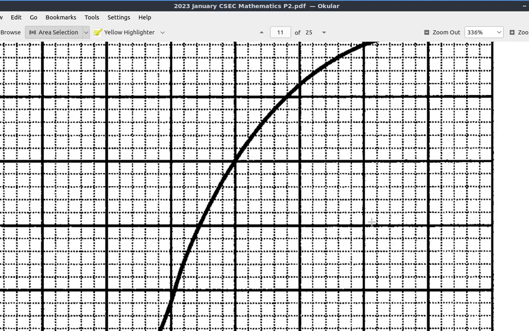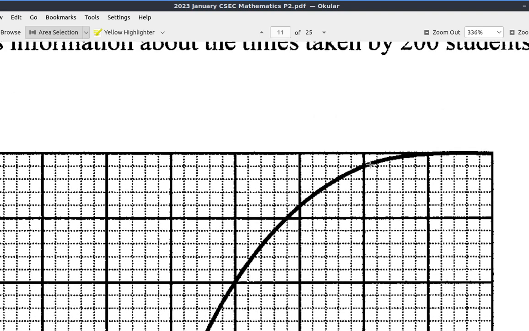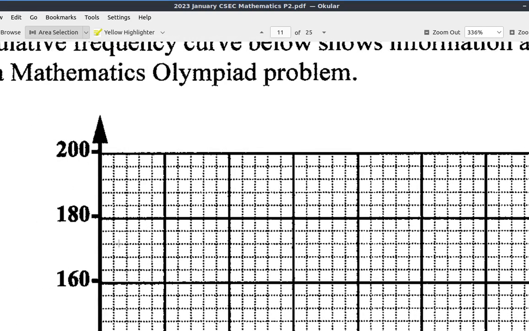We go up to the curve. Alright. It's a little above the last dotted line, a little above that square. So let's go to the left. So it's up here.